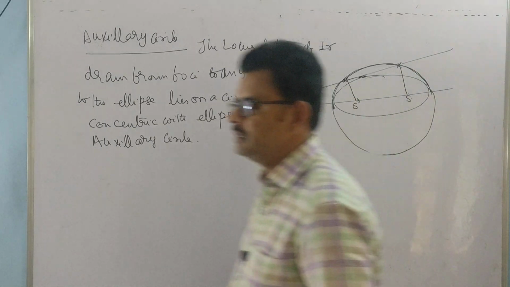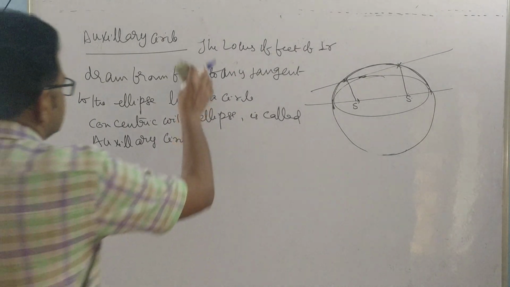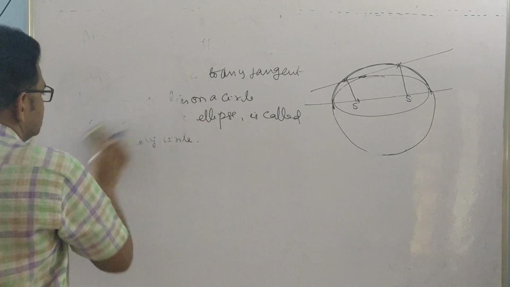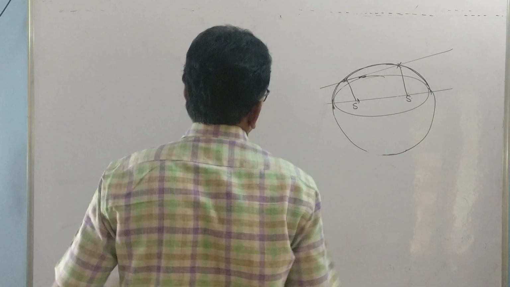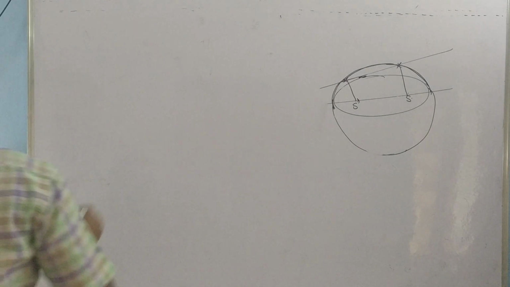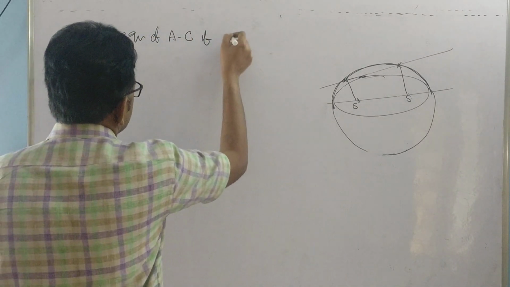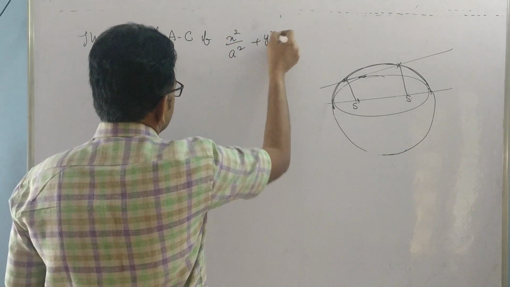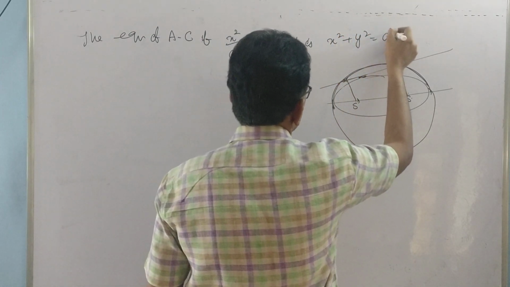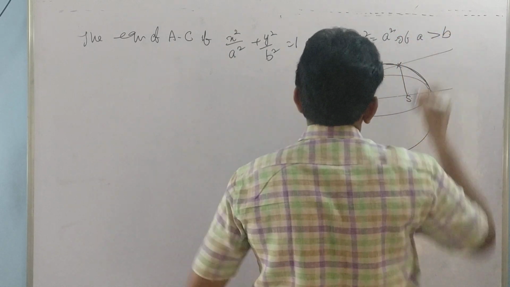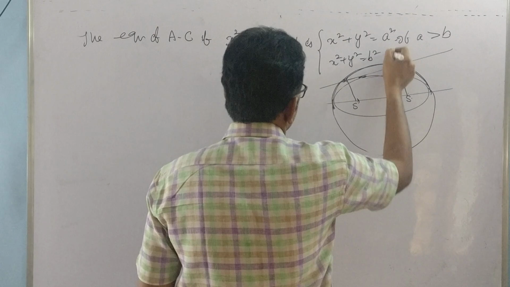The equation of auxiliary circle. The equation of auxiliary circle of the ellipse x square by a square plus y square by b square equal to 1 is x square plus y square equal to a square if a is greater than b, and x square plus y square equal to b square if b is greater than a.